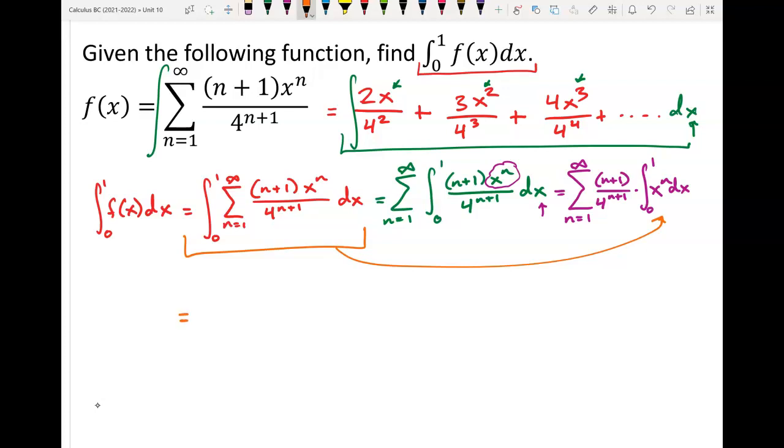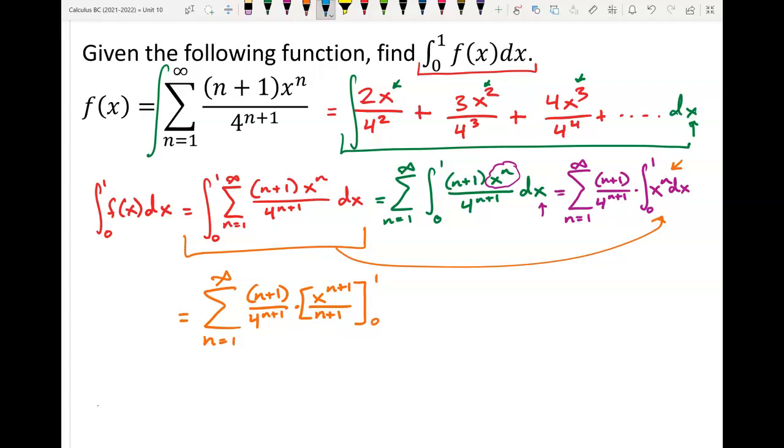So then that would be equal to the sum as n equals 1 to infinity of n plus 1 over 4 to the n plus 1 times, well, what's the antiderivative of that? Well, we raise the power and divide by the new power, so that'd be x to the n plus 1 over n plus 1. And that'd be going from 0 to 1.